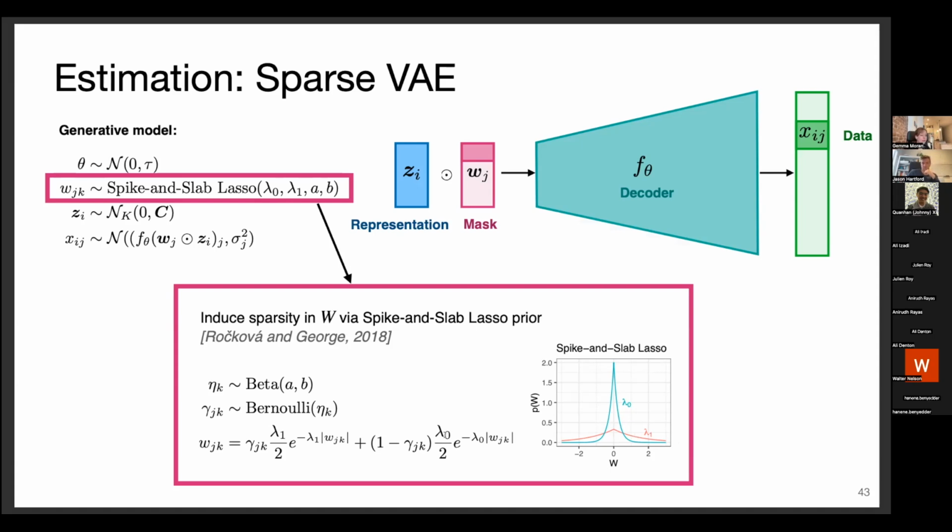And then lambda 0 is large to threshold things more. So with this kind of spike and slab lasso prior, we generally found good performance with setting lambda 1 and lambda 0 to some fixed values, like lambda 1 being 0.1 and lambda 0 being 10 or something like that seem to work well.